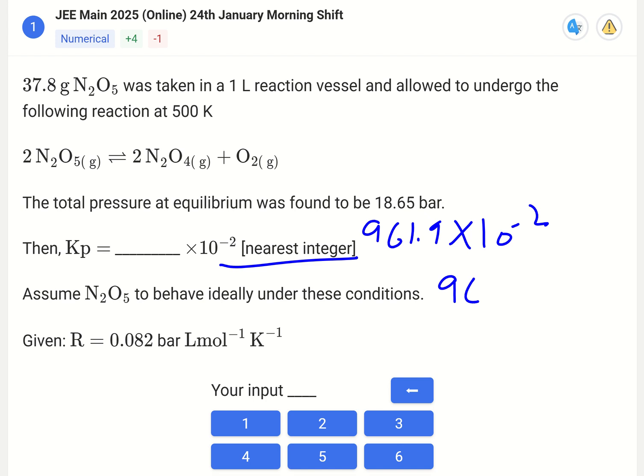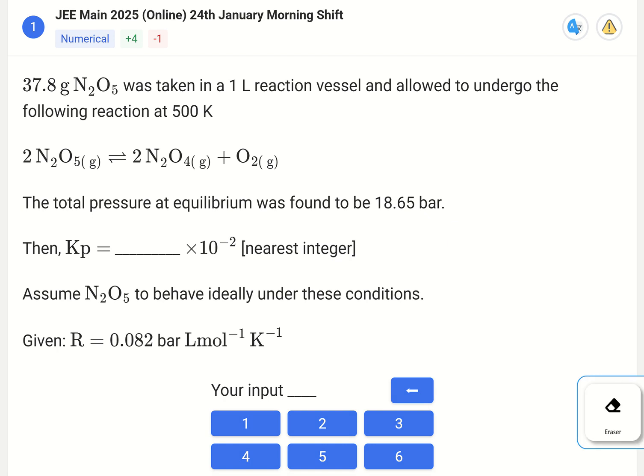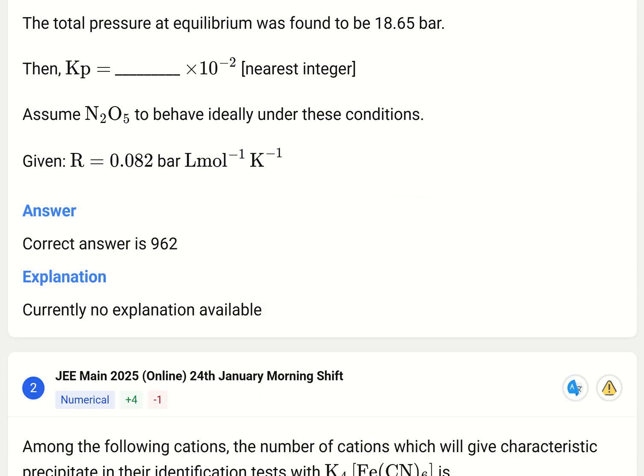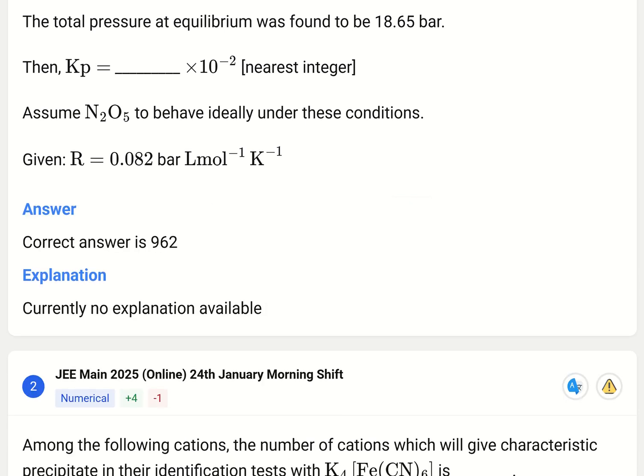Nearest integer will be 962 if I am not wrong. So let us go with 962. Yes, we got this answer.